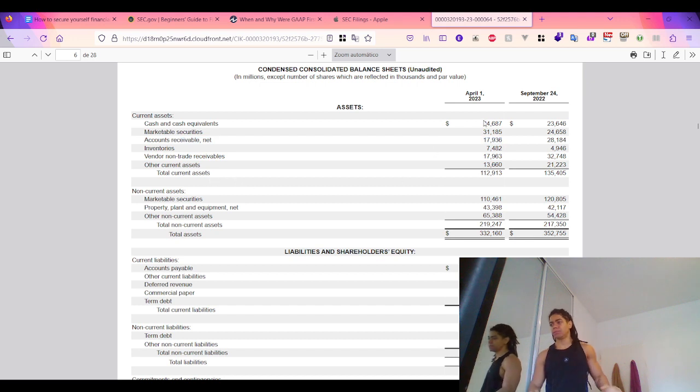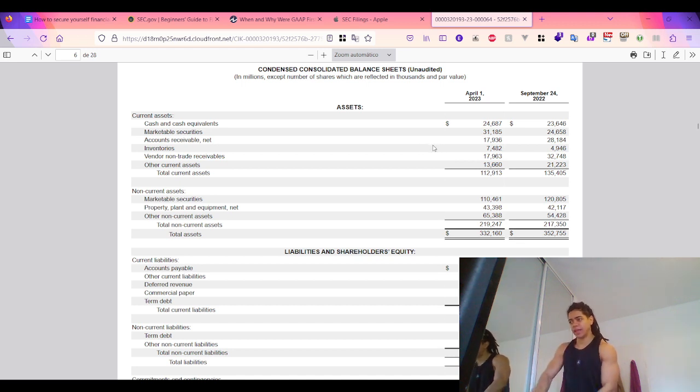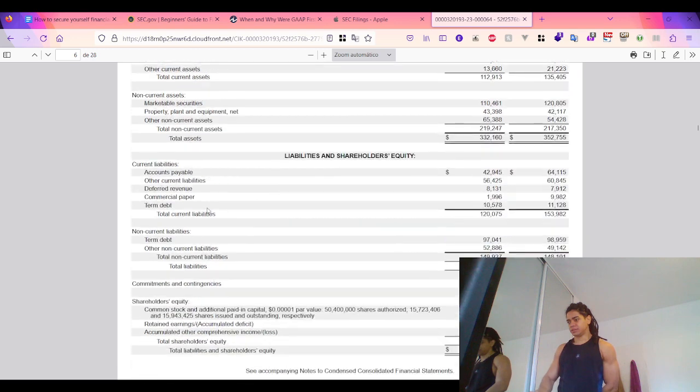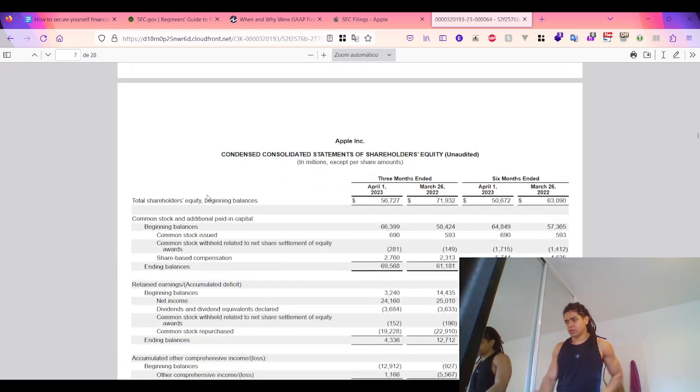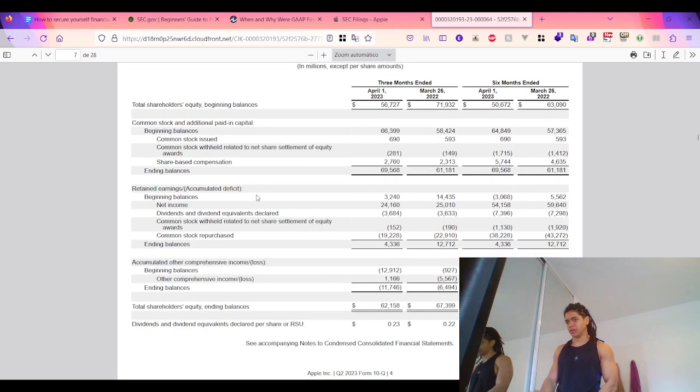There's a big portion of this company in cash. Non-current assets: marketable securities, property, plant, and equipment, other non-current assets. Condensed consolidated statements of shareholders' equity, unaudited.